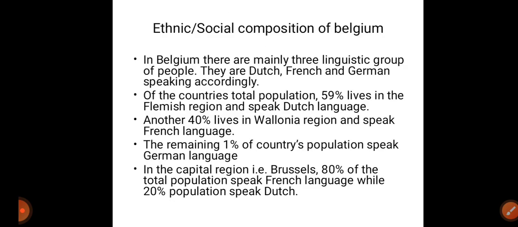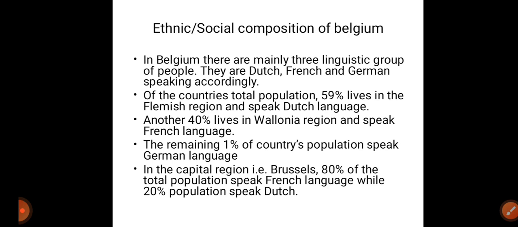In this topic, we have the ethnic or social composition of Belgium. Before knowing the power sharing model of Belgium, let us have a look at the ethnic or social composition of the country. Linguistically, Belgium has basically 3 linguistic groups: Dutch, French and German speaking, right?